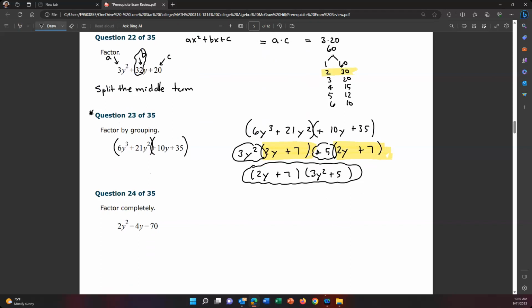So what was that all about? Well, the middle term will become 2y plus 30y. And can we agree that 2y and 30y equals 32y? Yeah. So we have 3y squared plus 2y plus 30y plus 20.